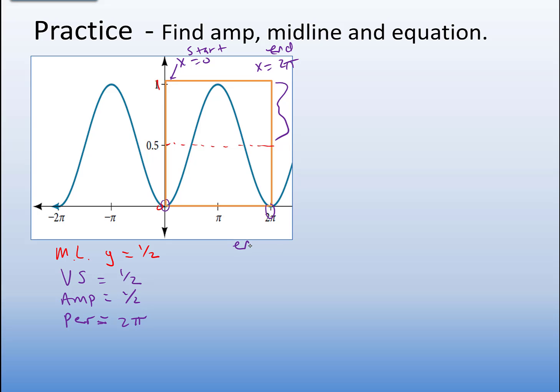If I take the end minus the start, I get the period. So easy period because I started at 0. Let's see, what else do we need? Phase shift. Well, also easy because we set up the box to have no phase shift.